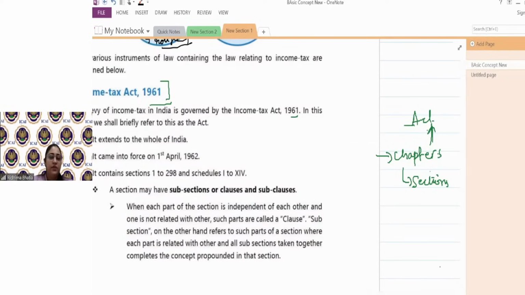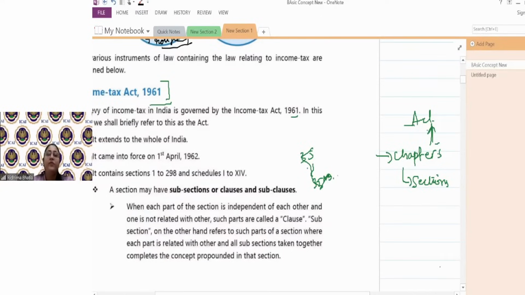क्योंकि अब section 35 है, for example. 35 का 35 AD है, 35 BB है, 35 AC है. So ऐसे करके there are a lot of sections. Only section 35 नहीं होगा, 35 के बाद 36 नहीं आएगा, 35, 35 AD, 35 AB. So it goes in alphabetical order.